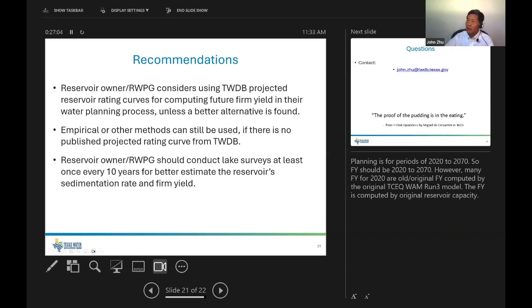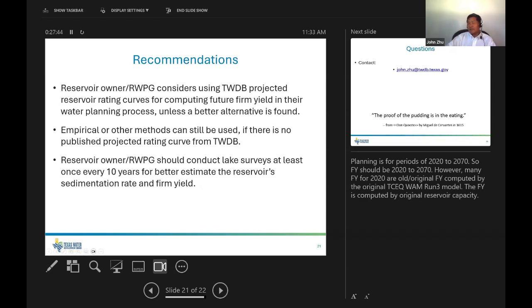The reservoir owner and regional water planning group should consider using this projected reaching curve for computing future firm yield in water planning processes, unless a better alternative method is found. The traditional empirical method, or other published methods, may still be used if we don't have the reaching curve.